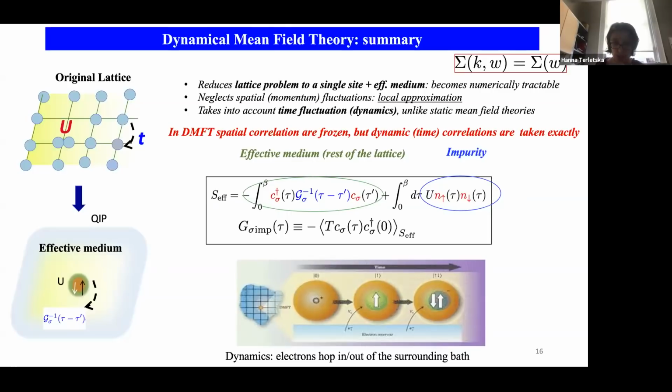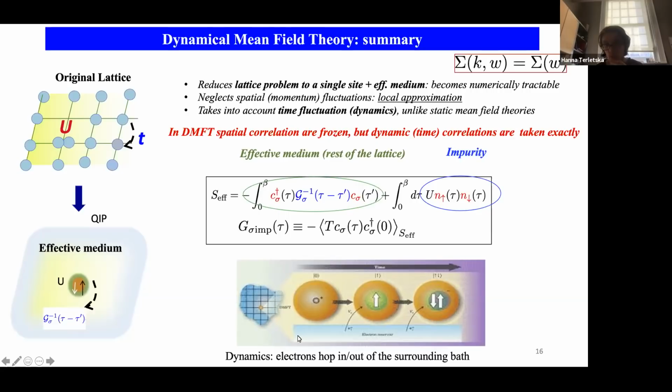Again, please notice that in dynamical mean field theory, the effective field is not a static quantity, it is a function of time. This has an important effect on the results, because it allows the electron to come from the bath and go back to the bath.